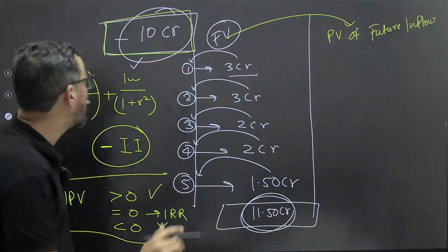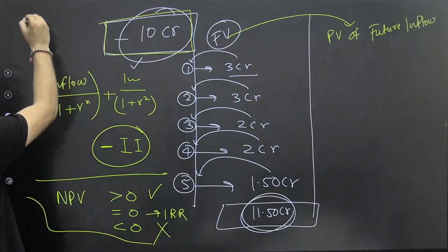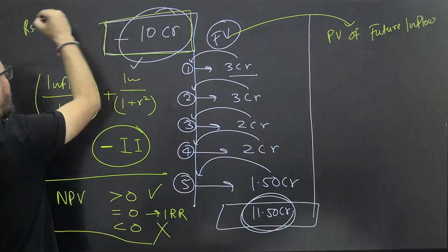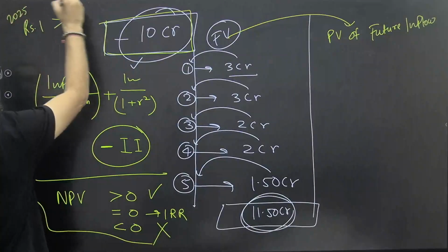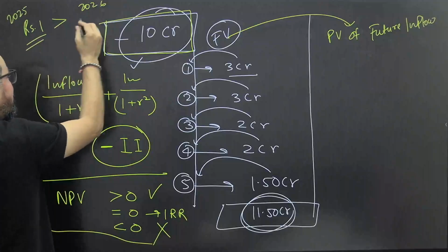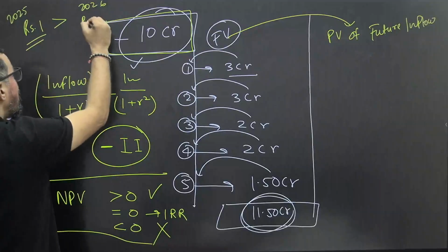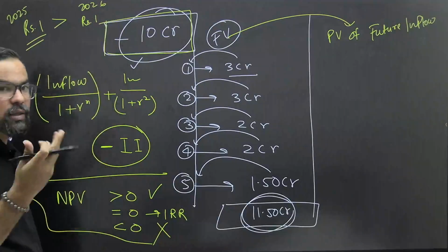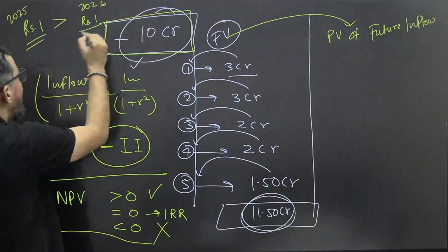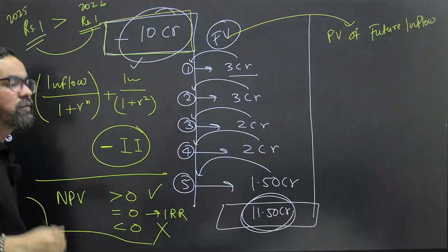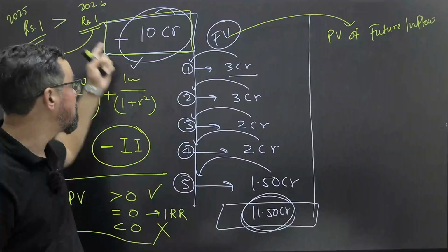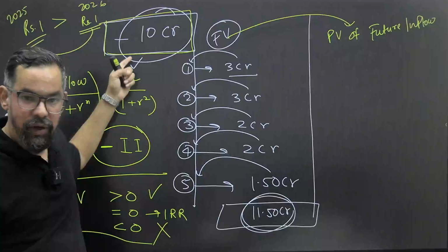What time value of money says is that today's 1 rupee has a higher value than 1 rupee one year later, or two or three years later, let's say this is 2025 and this is 2026, just because of inflation, opportunity cost, or other factors.